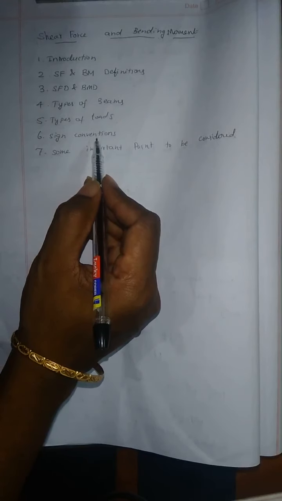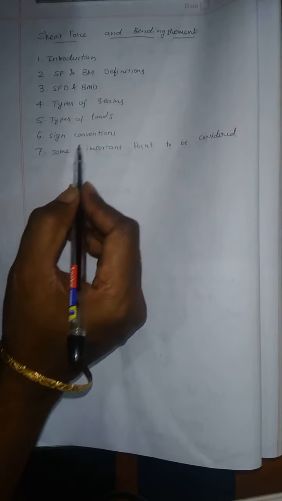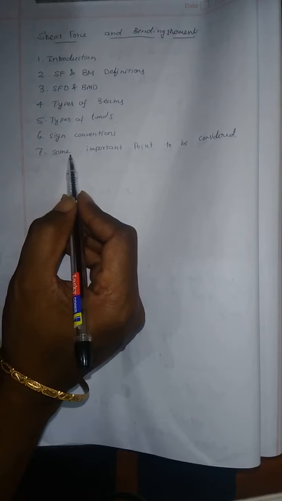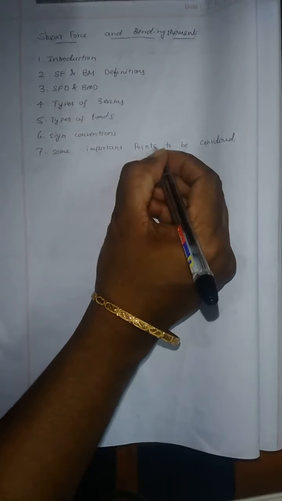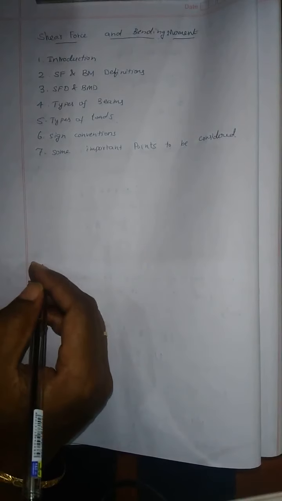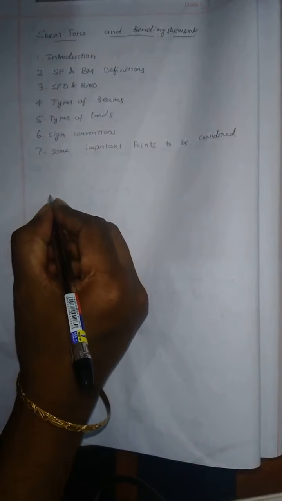So that is also we are going to see today. And at last we are going to see some important points to be considered in drawing the shear force diagram and bending moment diagram.